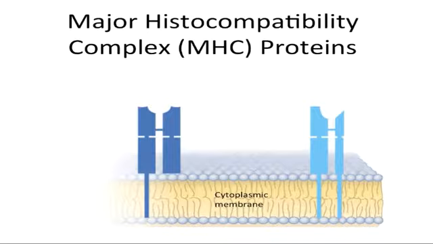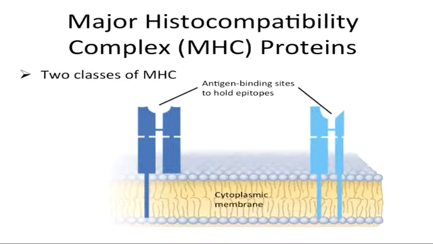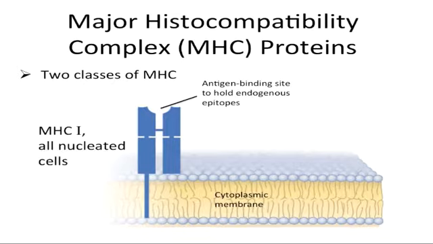Most cells have membrane proteins called major histocompatibility complex proteins, or MHC, that bind and display epitopes on the cell surface. There are two classes of MHC. All nucleated cells use MHC class I proteins to display epitopes from endogenous antigens.